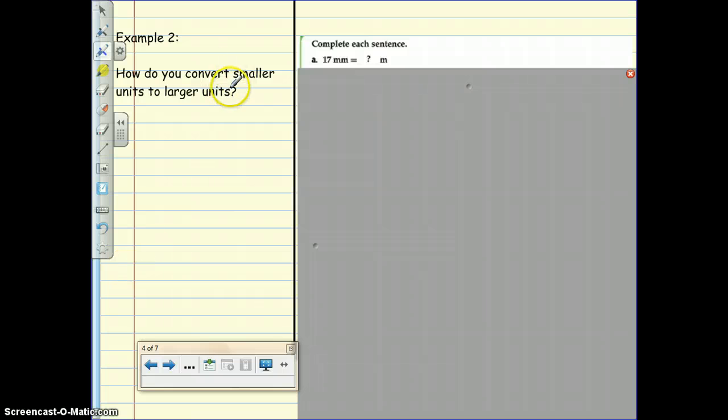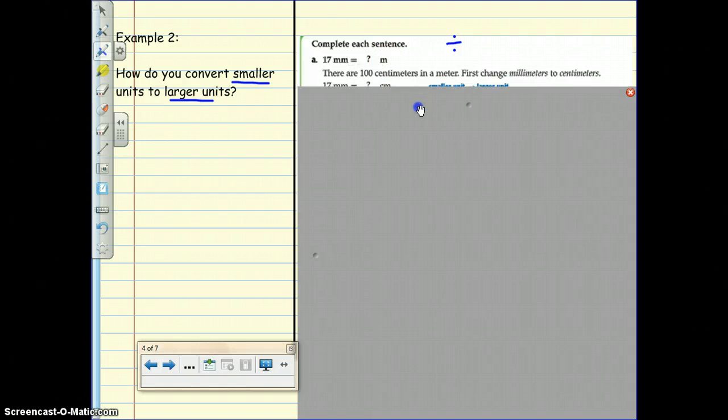How do you convert from smaller to larger units? Well, when we go from small to big, we want to divide. So the big thing here you want to remember is we're dividing. So when we're going from 17 millimeters to X meters, we first change millimeters into centimeters.